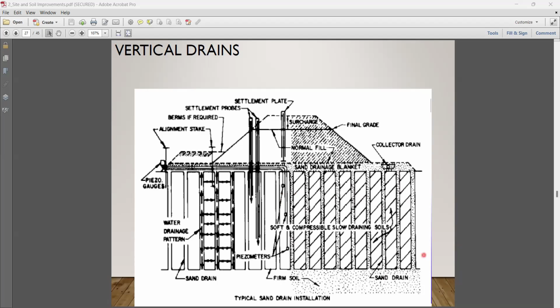Okay. In some cases we can have a surcharge load and then drain as well, both, or even only the drain.